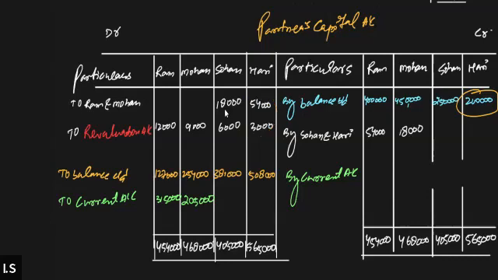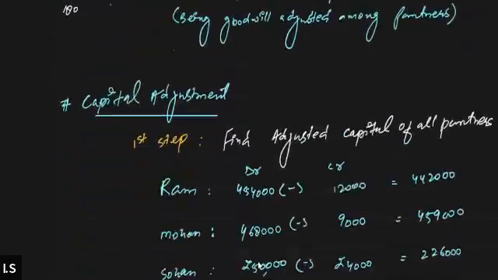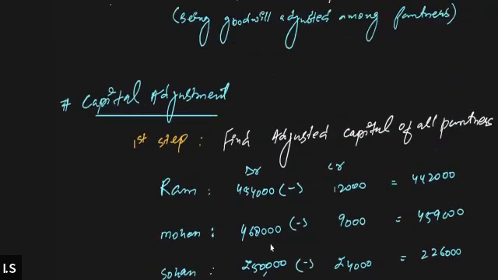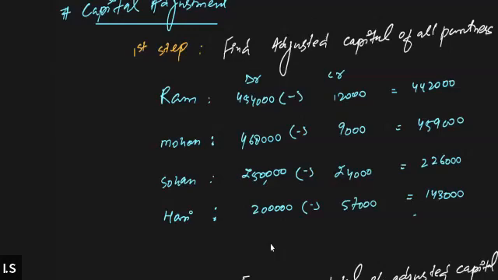Got it? After subtracting, out of 2 lakh we subtract 57,000, we will get 1,43,000. Got it, everyone? This is the first step in the adjustment of capital.